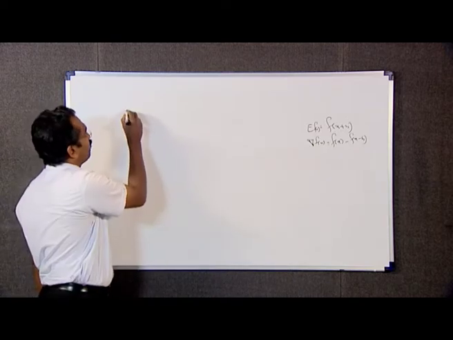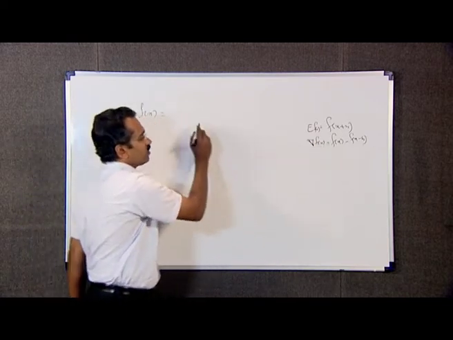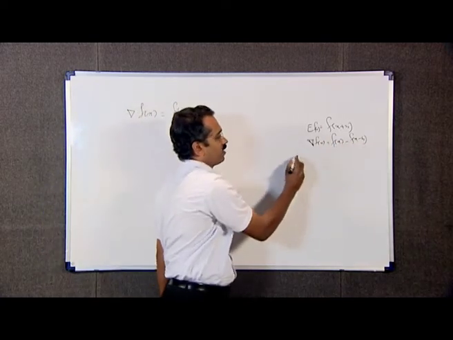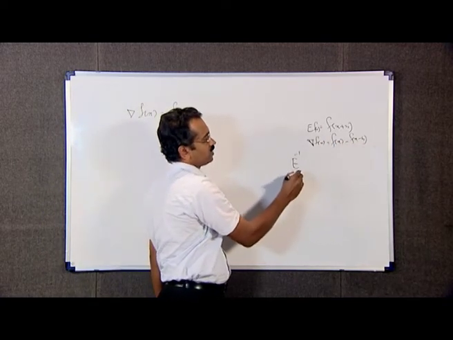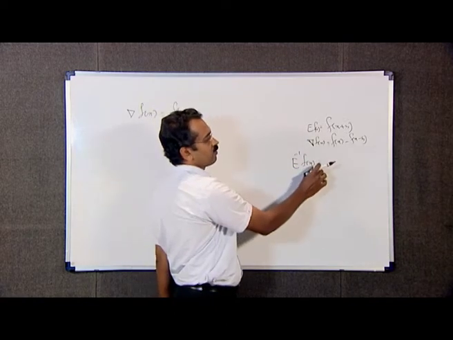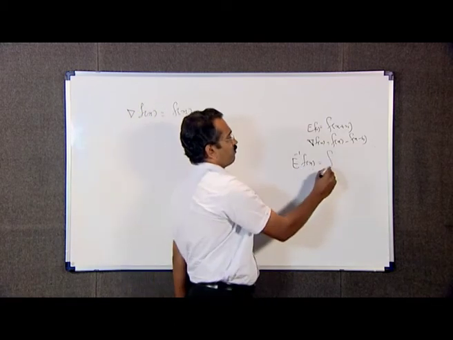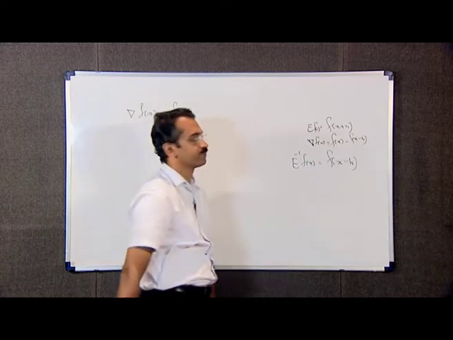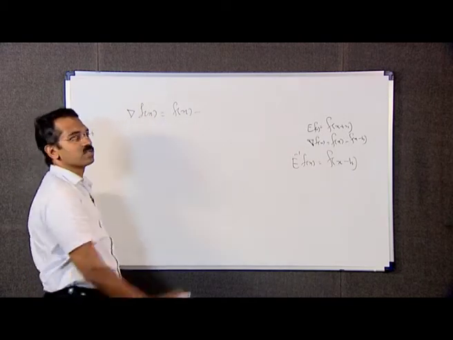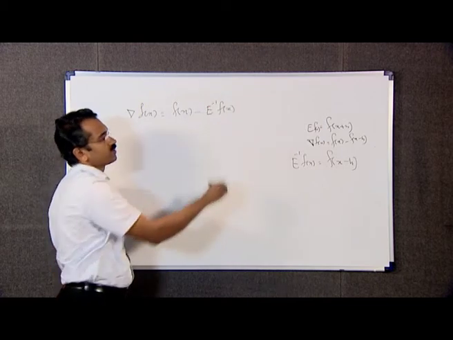Here, for f of x minus h, we have the identity E inverse f of x is equal to f of x minus h. Therefore, del f of x is equal to f of x minus E inverse f of x.